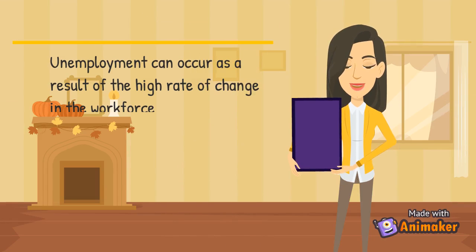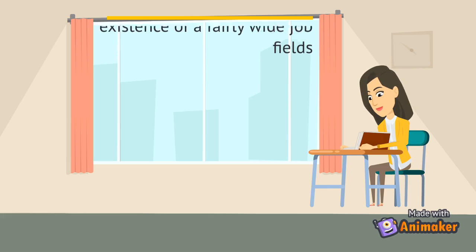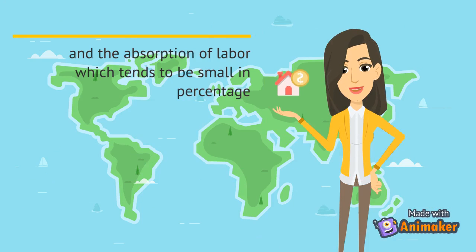Unemployment can occur as a result of the high rate of change in the workforce that is not matched by the existence of fairly wide job fields and the absorption of labor, which tends to be small in percentage.